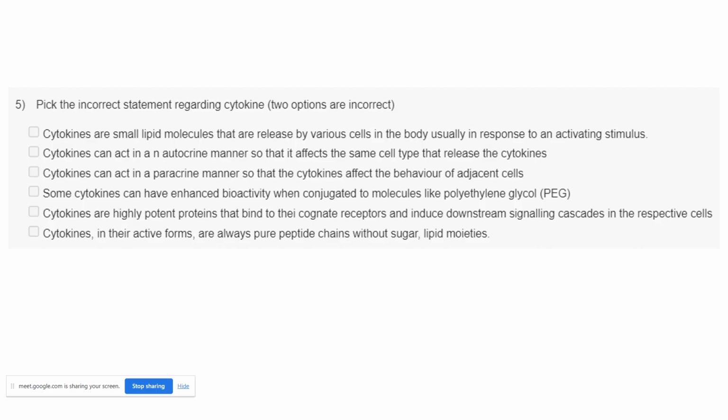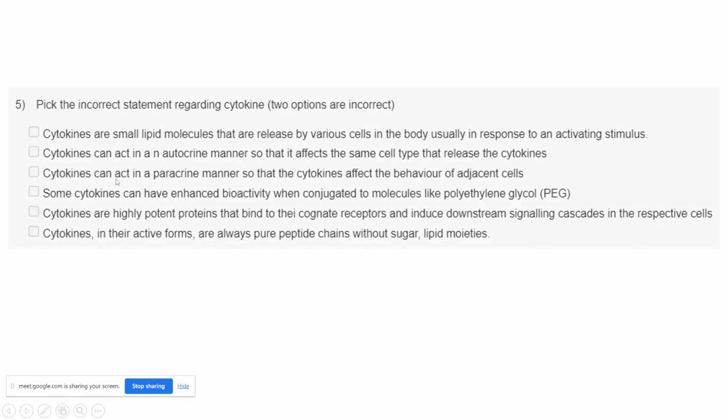Fifth question. Pick the incorrect statement regarding cytokines. Cytokines are small lipid molecules that are released by various cells in the body, usually in response to activating stimulus. This is an incorrect option. Cytokines are small protein molecules that are released by various cells in the body. Cytokines can act in an autocrine manner, correct.